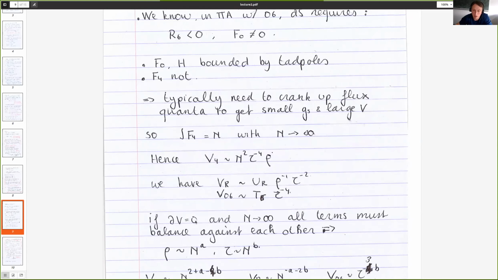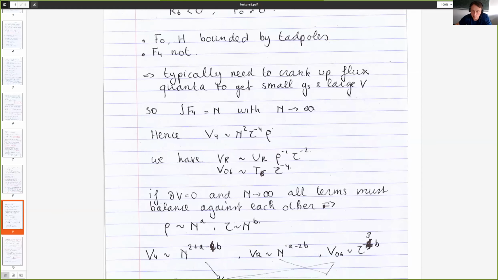All right. Now I keep this in mind, and I'm going to demand that the potential has a critical point, but I do send n to infinity. And you could say, but Thomas, we have been playing these games all the time, just looking at d rho, d tau equals 0. It's a little bit more tricky now. Because if I really want to send this to infinity, the only way that these terms in the potential can balance with each other is that all of them have a non-trivial scaling with n.